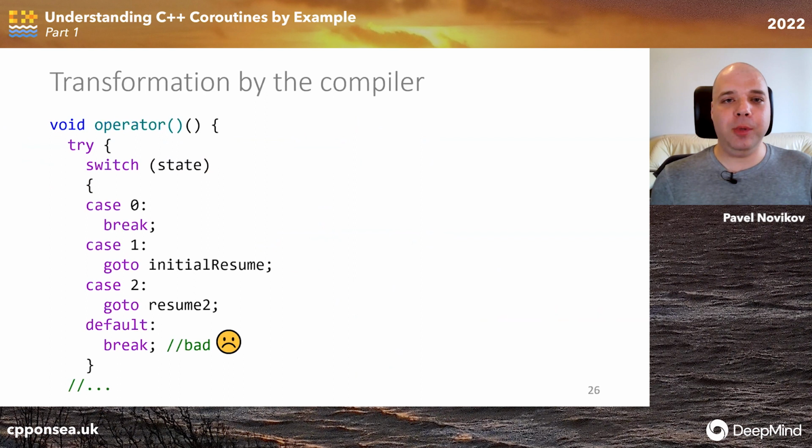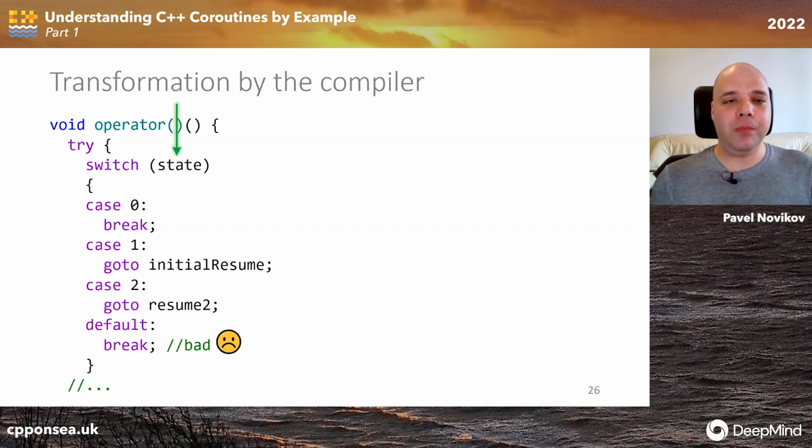And let's see what happens. So finally, we get to the operator() function call that is implemented by the compiler inside the coroutine frame. And here we clearly have a state machine. So we check the state when the coroutine is called the first time, or it is resumed. We check the current state value, and we basically jump to the corresponding location that we need to resume our coroutine from.